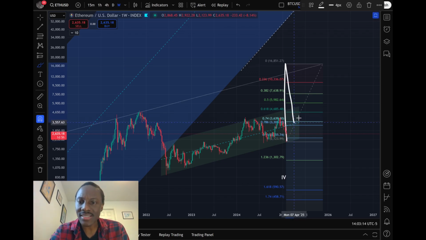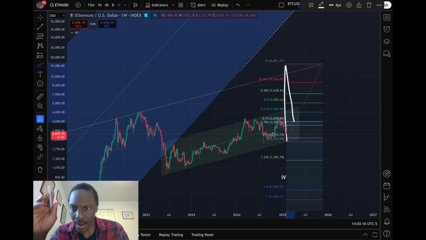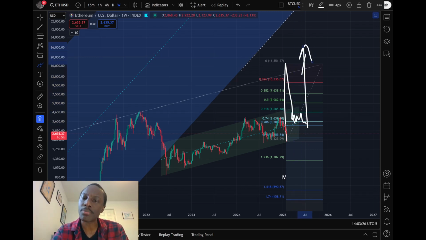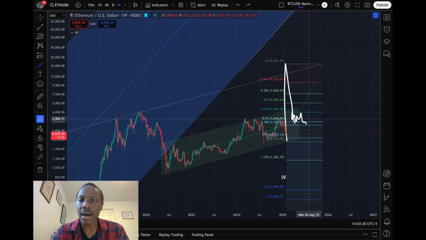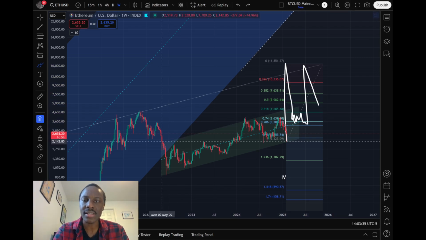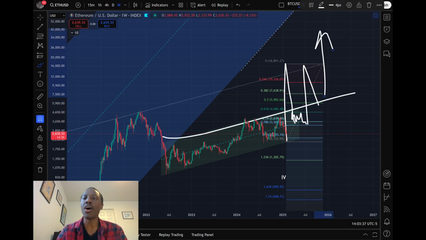We come back, retest the midline, 786 retest, come right back down to about 3,000. People are going to think the bull market's over, but after that consolidation, we go much, much, much, much, much higher. First move being coming up, retesting the top of this 1,000-day resistance as support, and then moving on, right?